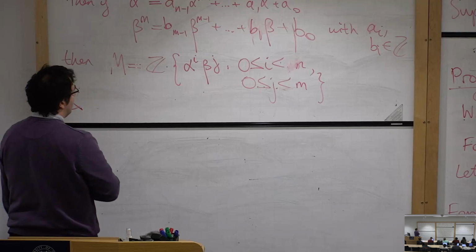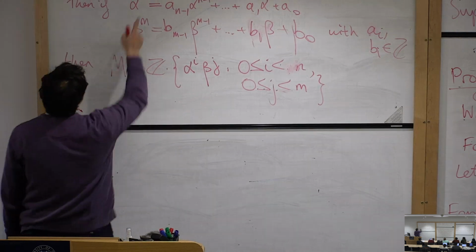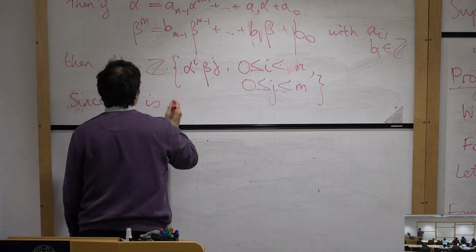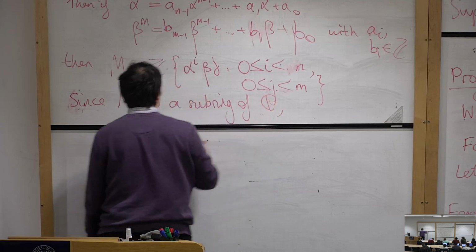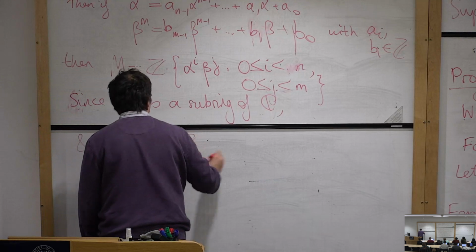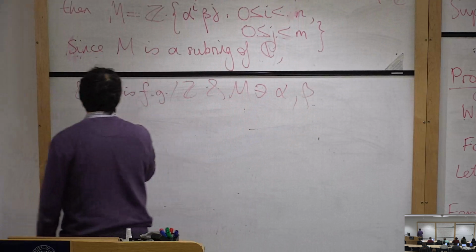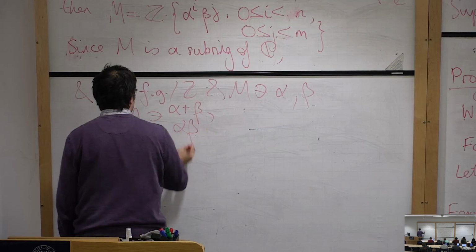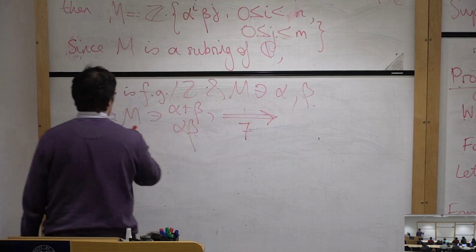And being a subring, right? This is a subring already, M is finitely generated over Z, and M contains alpha and beta. We deduce that M contains alpha plus beta and alpha beta, and therefore it normalizes them.